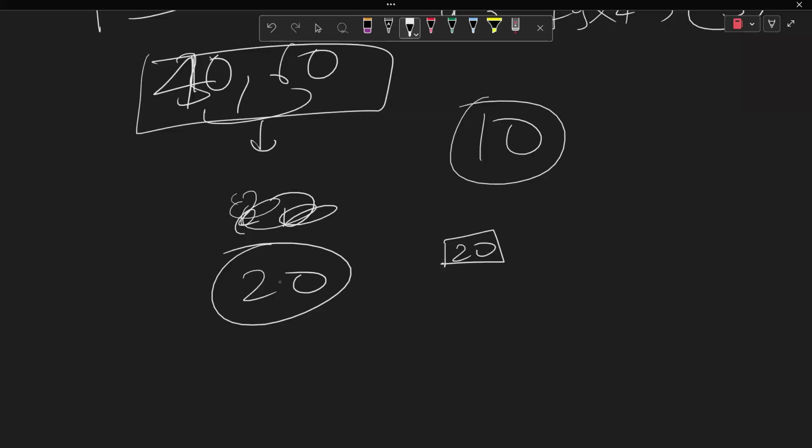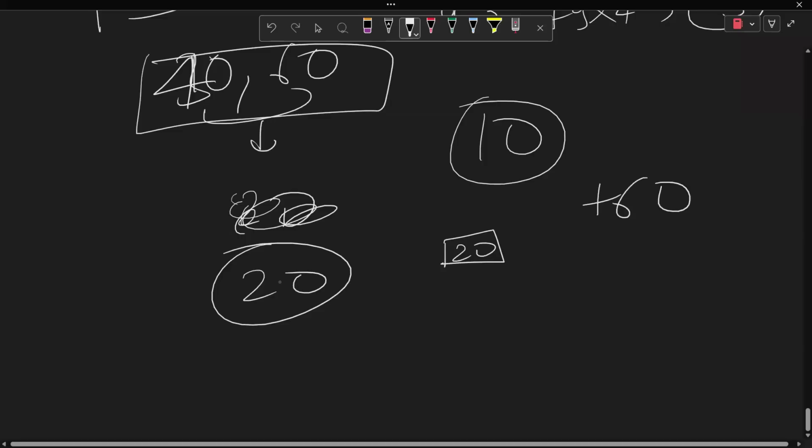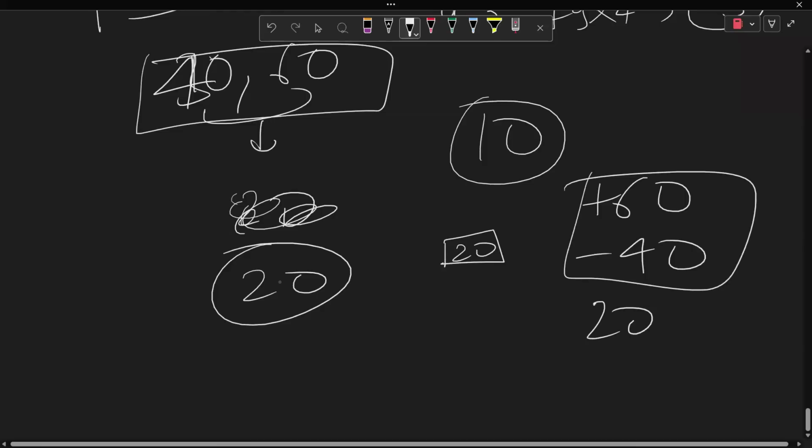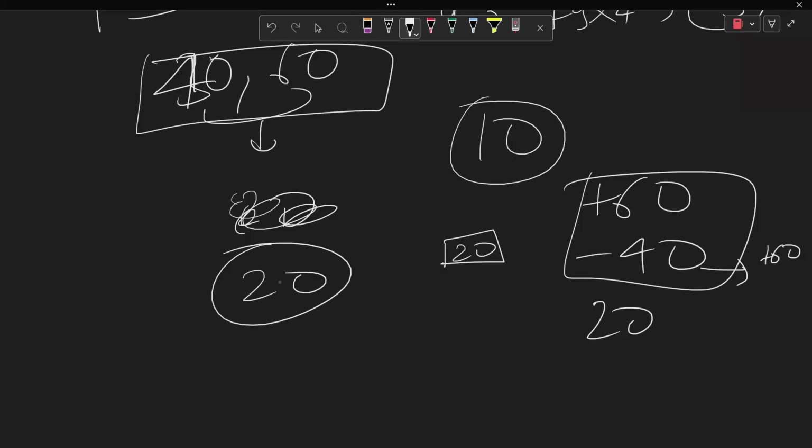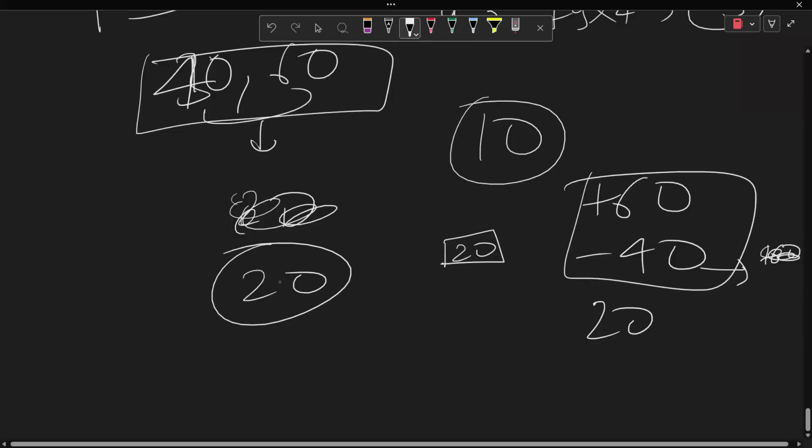So if you want to move in a step of 20, you can do a plus 60 and a minus 40. That way you can do 20. This minus 40 is equivalent to doing plus 40 to all the other values.